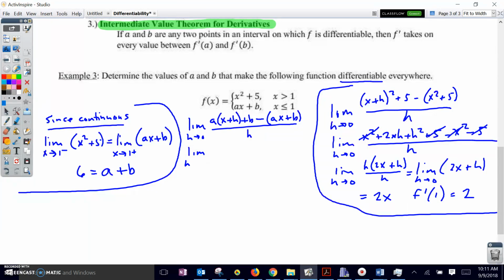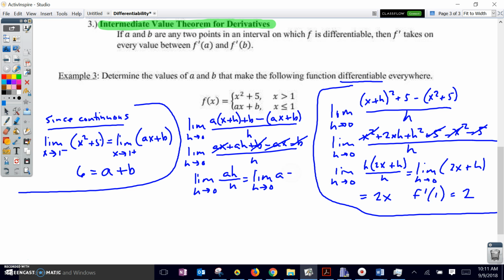That's the limit as h goes to 0 of ax plus ah plus b minus ax minus b over h. A lot of things canceling here. The ax and the minus ax, the b and the minus b. And so this is the limit as h goes to 0 of ah over h, which is just canceling the h's from both. And so the value of the derivative at x equals 1 for that piece is going to be a.